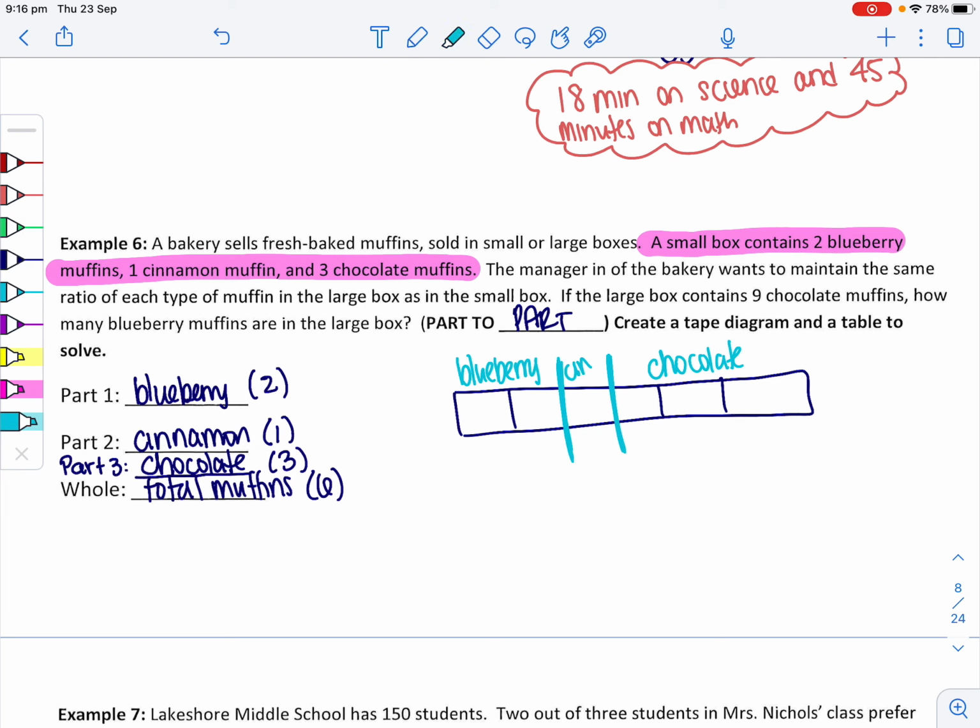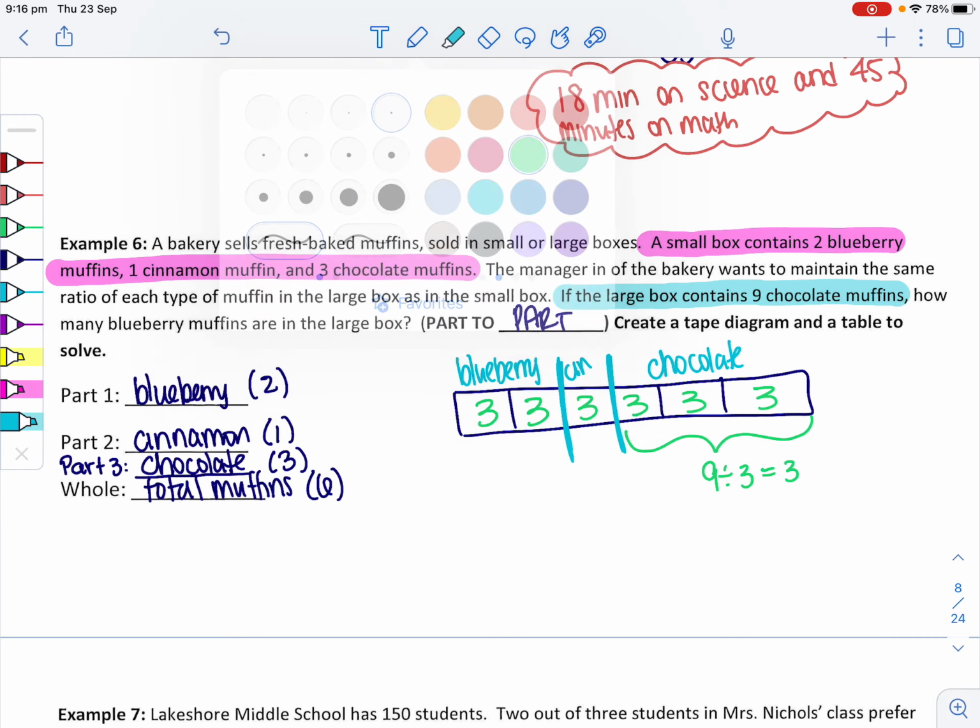If the large box contains 9 chocolate muffins, so I'm taking these 3 boxes and breaking up this 9. So 9 divided by 3 is 3. So I'm going to put 3 in all of the boxes to maintain my equivalent ratio. And then I want to know how many blueberry muffins are in the large box.